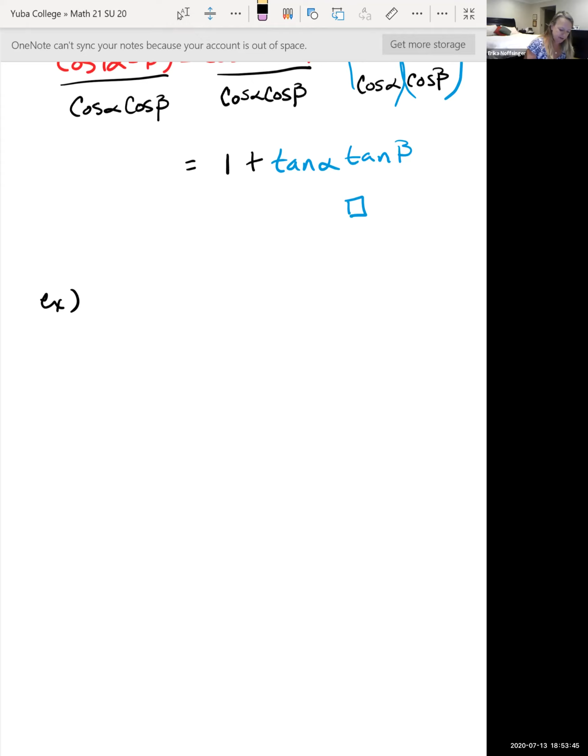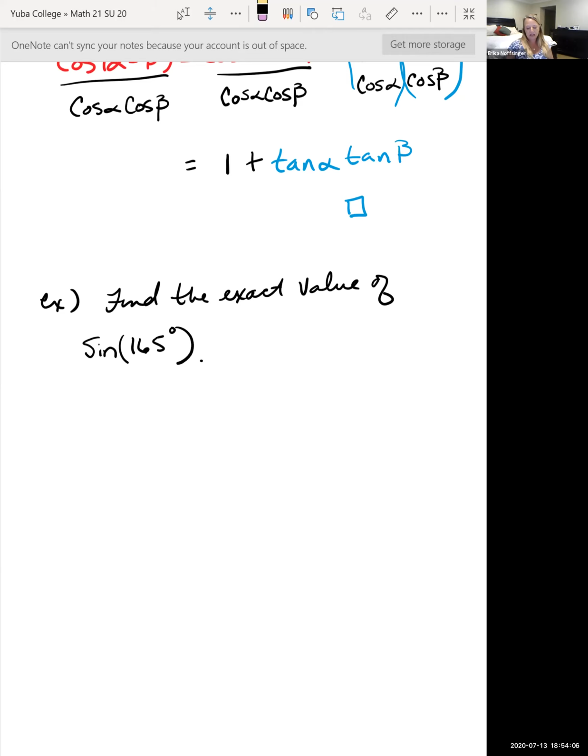So find the exact value of sine of 165 degrees. If I look at 165 degrees, I would first see if I knew that angle. So this is 90, plus 75 would get me up to 165.